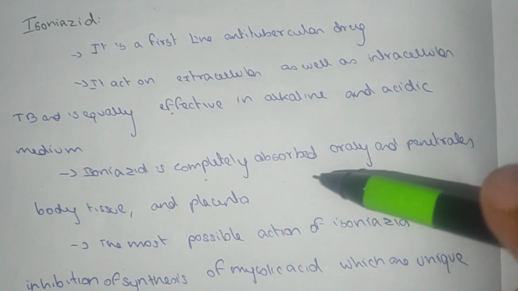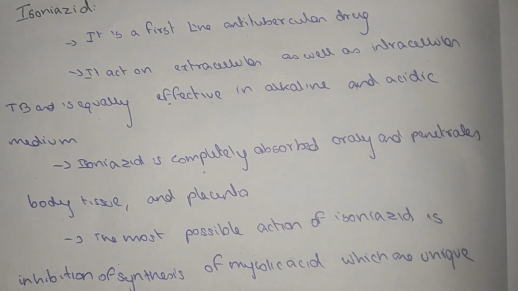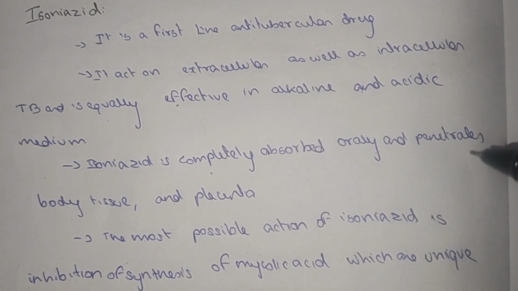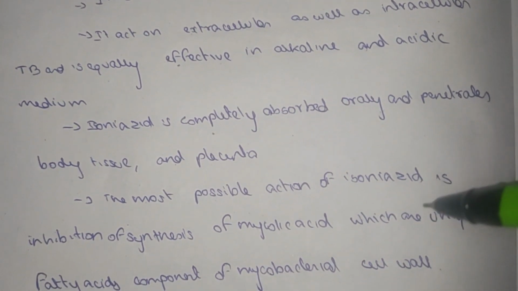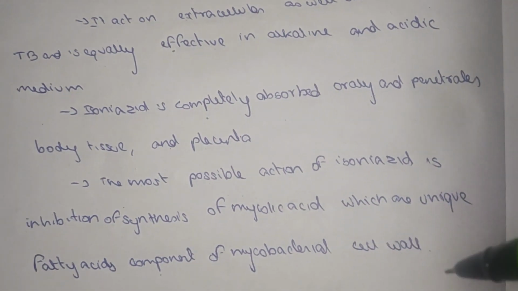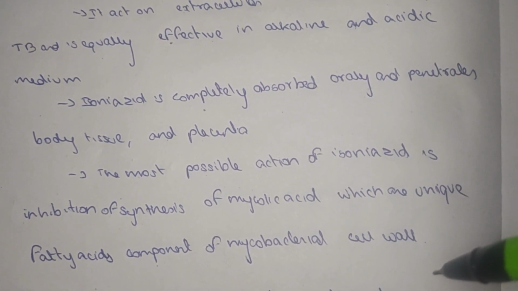Isoniazid is completely absorbed orally and penetrates into the body tissue as well as the placenta. The most probable action of isoniazid is inhibition of the synthesis of mycolic acid, which is a unique fatty acid component of the mycobacterial cell wall.